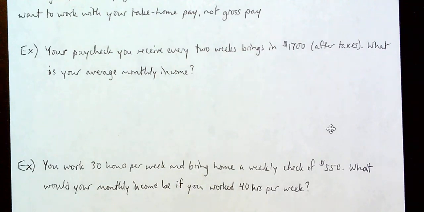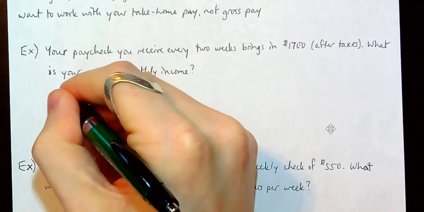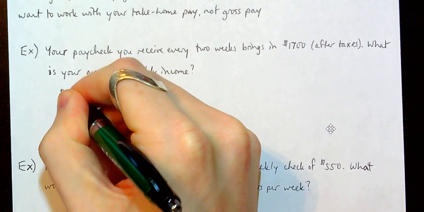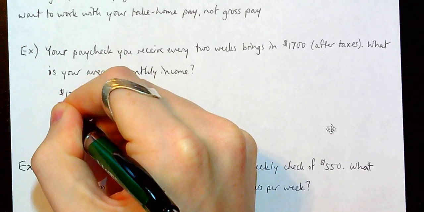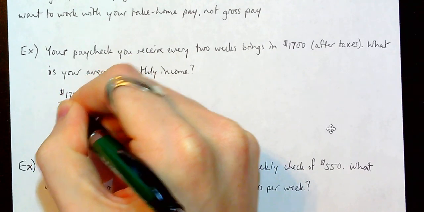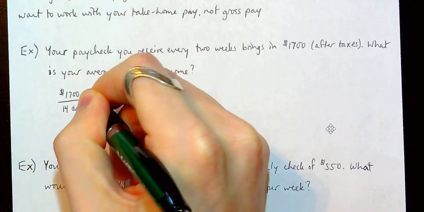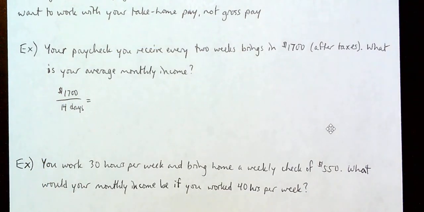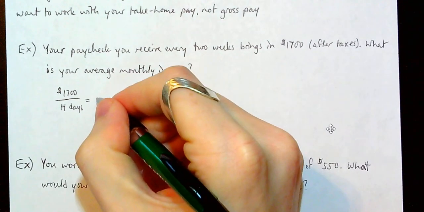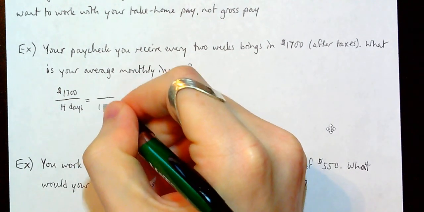If I do a simple quotient, I can figure out how much I make per day. If I get $1,700 in 14 days, then 1,700 divided by 14 will tell me how much I get in 1 day.